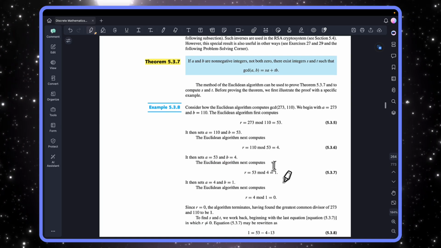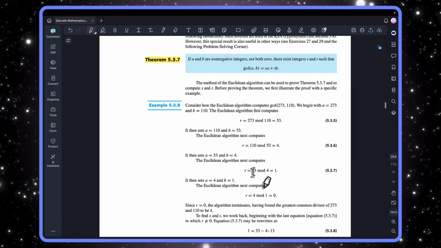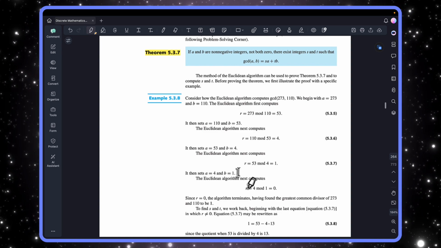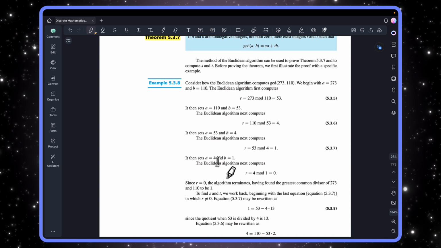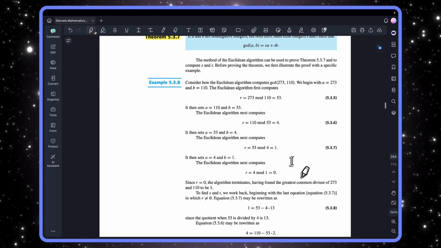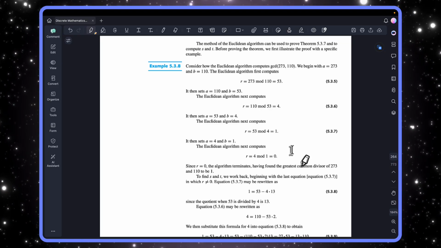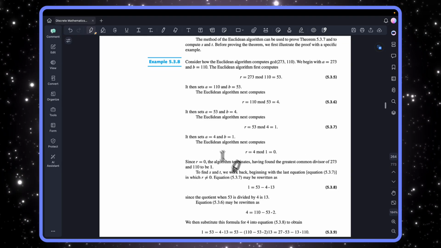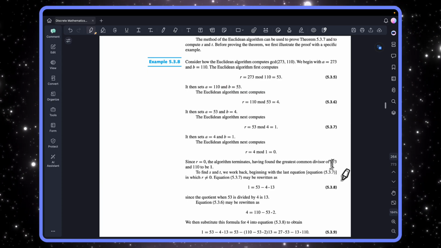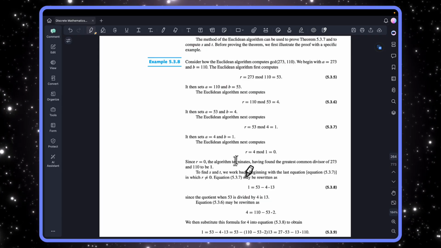Then you continue on in that way. 53 mod 4 is 1. If we set a equals 4 and b equals 1, the algorithm next computes r equal to 4 mod 1, which is 0. Since r is 0, the algorithm terminates, having found the greatest common divisor of 273 and 110 to be 1.